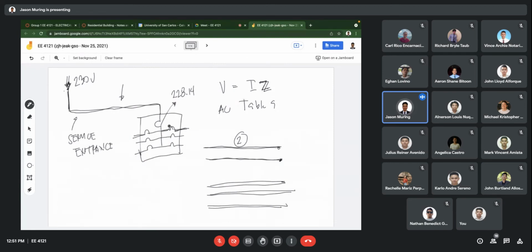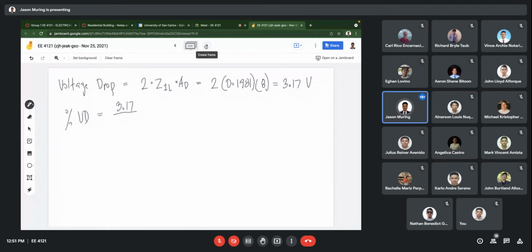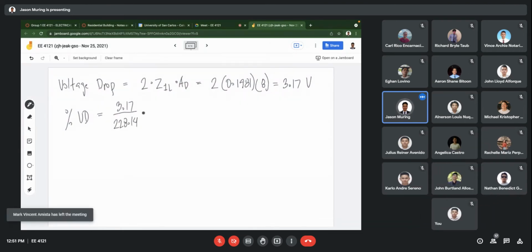So we base now our voltage drop percent to that value. So 228.14 times 100%. Okay, so that is 3.17 over 228.14 times 100.